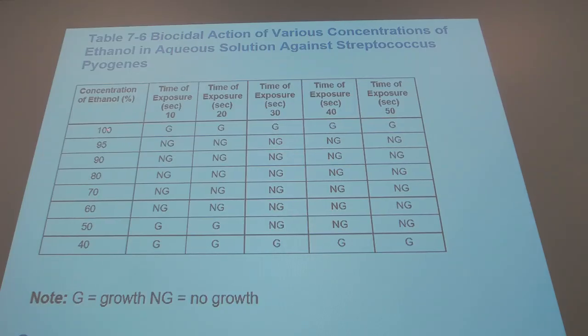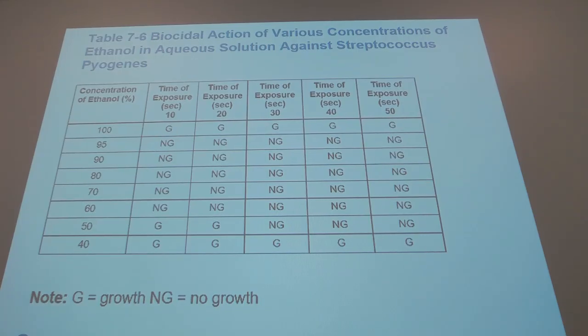In 100% ethanol concentration, the bacteria grow all the time, and the same for 40%. Why would bacteria grow at 100%?